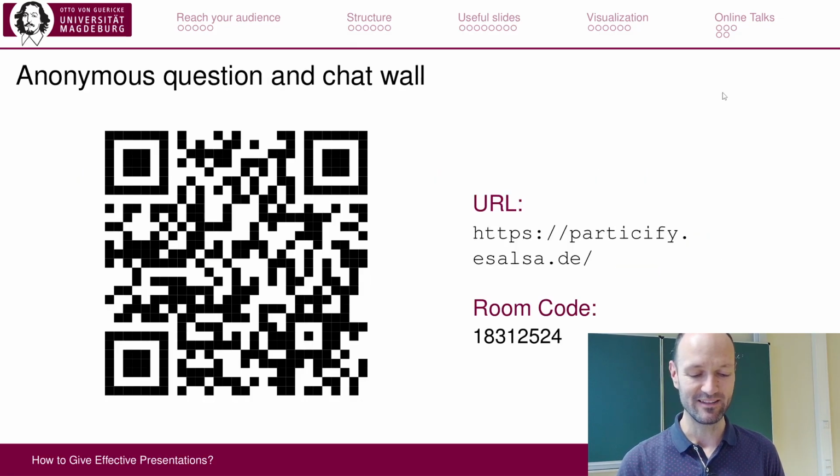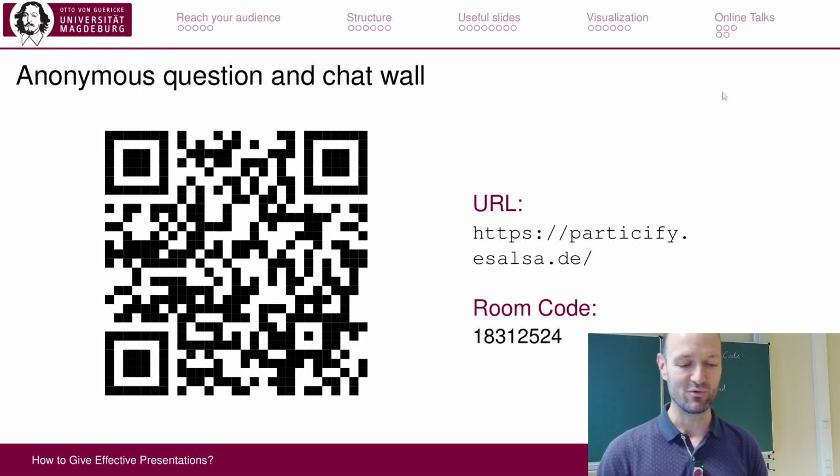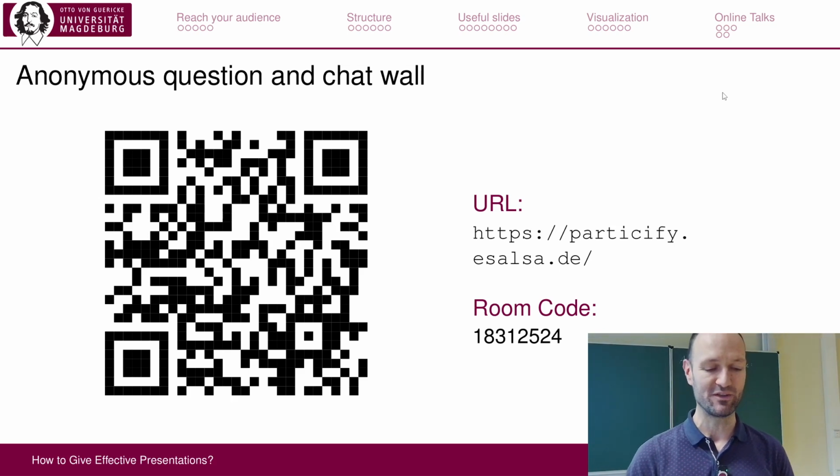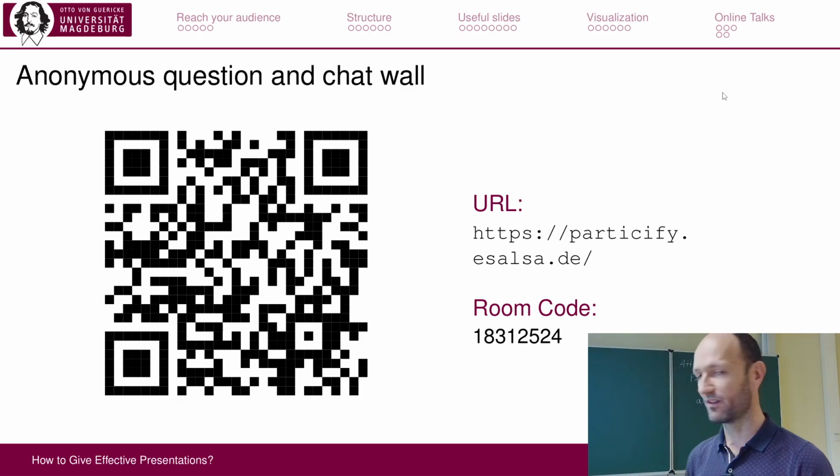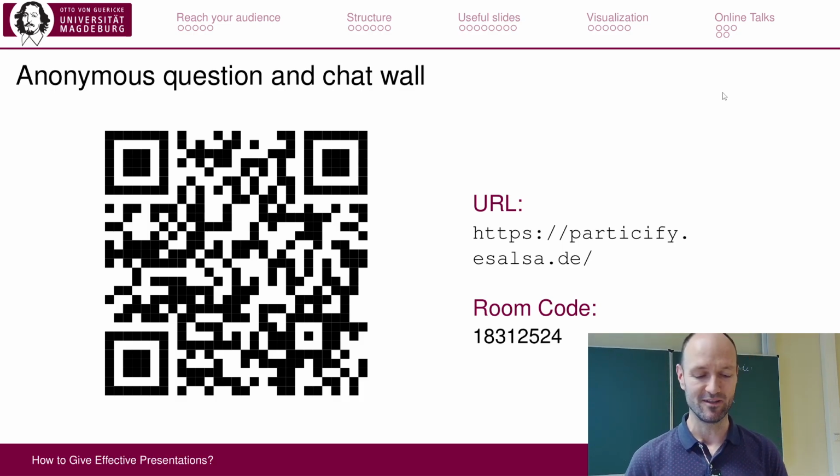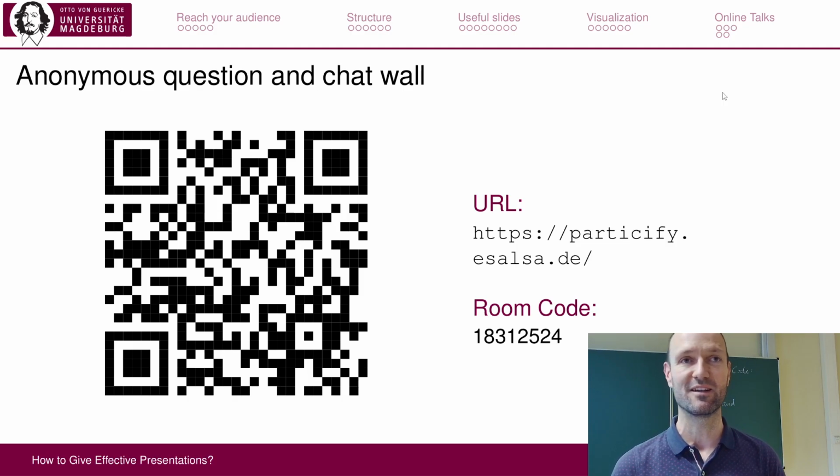Okay, and to lower the barrier maybe a bit for you to ask questions, I've created such an anonymous question and chat wall, and there will be also a survey in a second. So you can already take your cell phone and try to scan this QR code. And if your cell phone does not have a camera, or if you don't find your QR code reader quick, you can also go to this website, particify.isalsa.de, and then enter this room code there, which is 183-125 and 24.